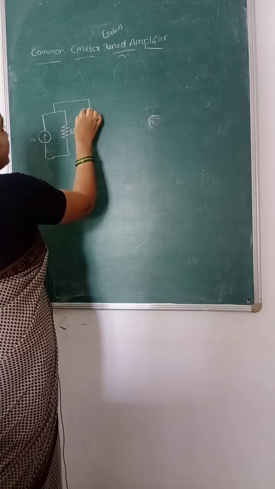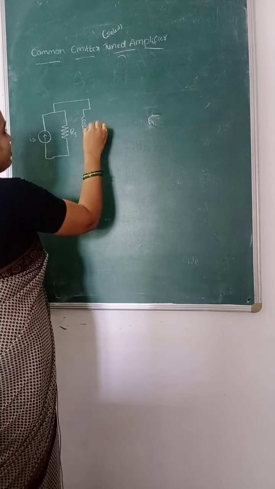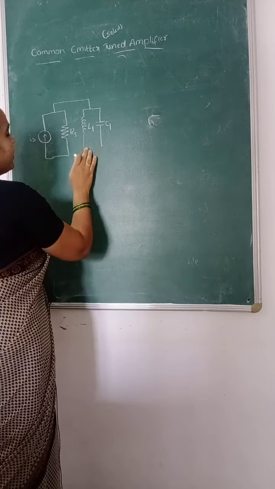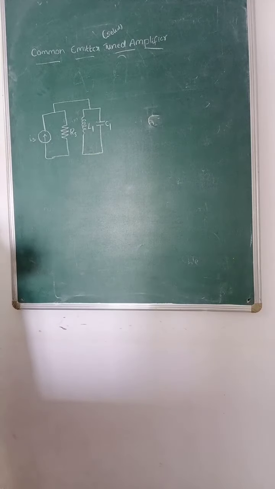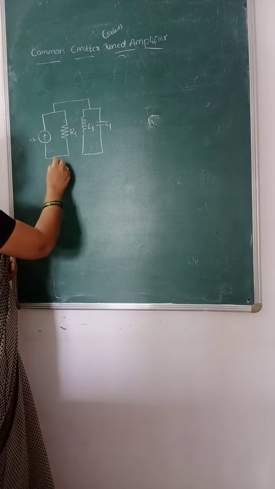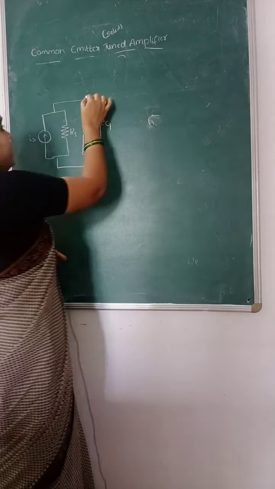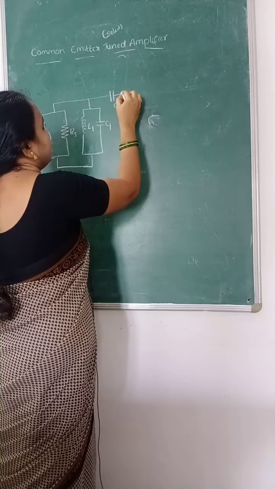Let the input circuit have the tank circuit, which is the combination of L1 and C1. Here the tank circuit is the parallel combination of the inductor L1 and capacitor C1. And here we will have the input capacitance C3.